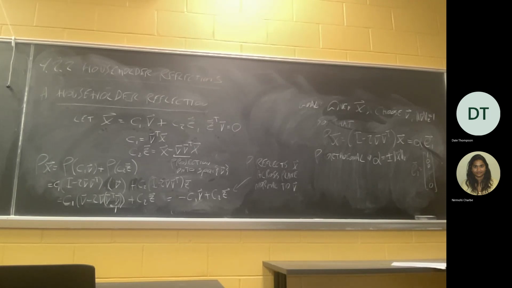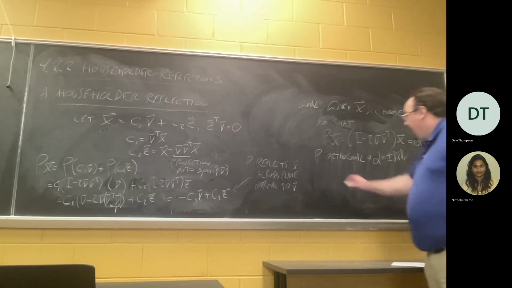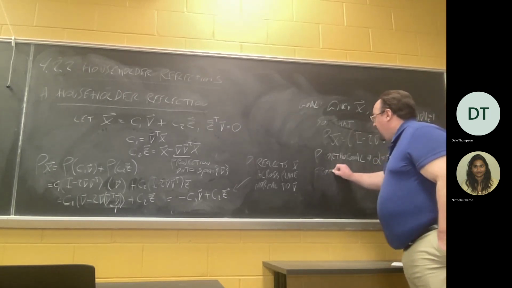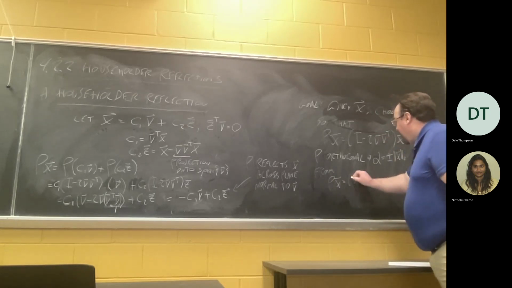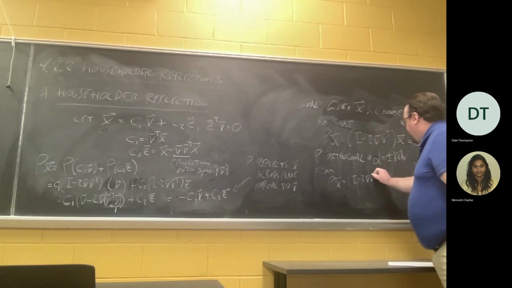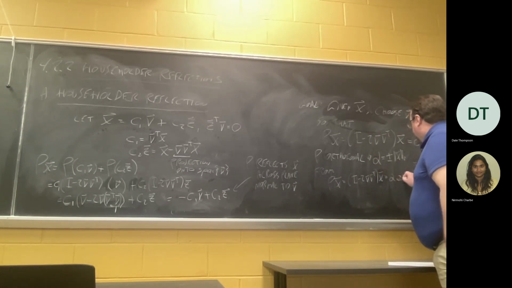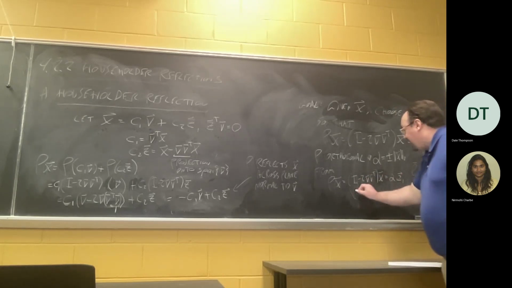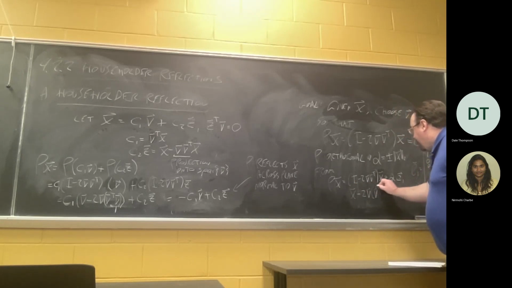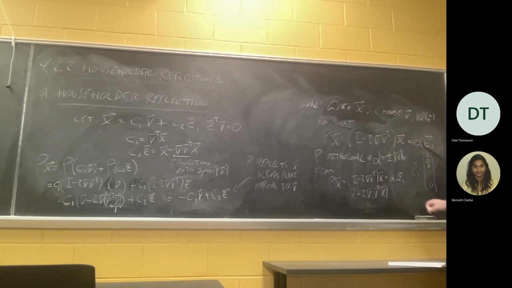Okay, so if we write out what Px is, we have identity minus 2 v v transpose times x, whoops, x outside the parentheses, but I set it equal to alpha e1. Then I distribute x through here, so x minus 2v, and then v transpose x is a number, equal to alpha e1.